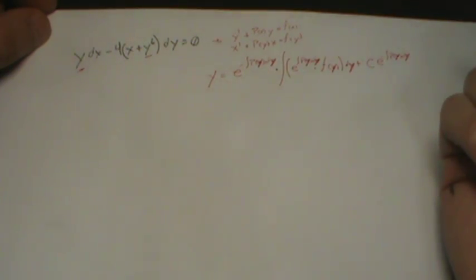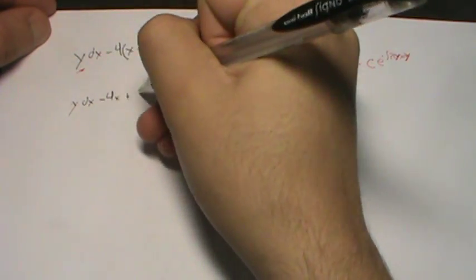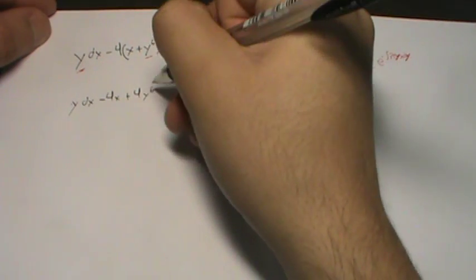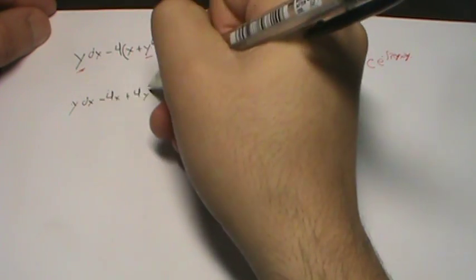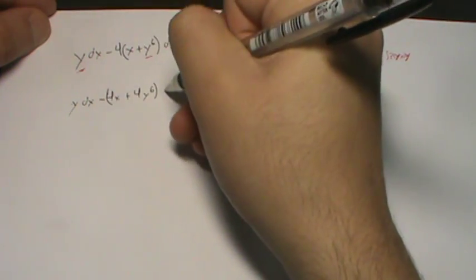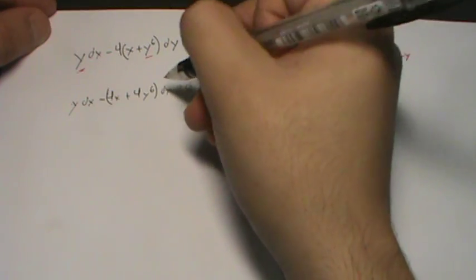So let's solve it. First we multiply, so we have y of dx minus 4x plus 4y sixth, and this is all multiplying dy equals 0. We just multiply the 4 inside.